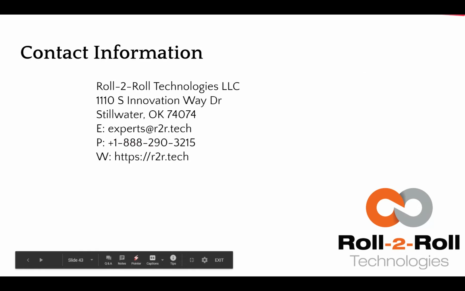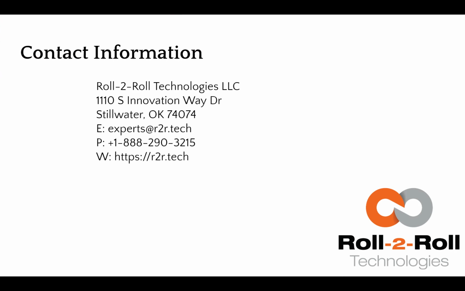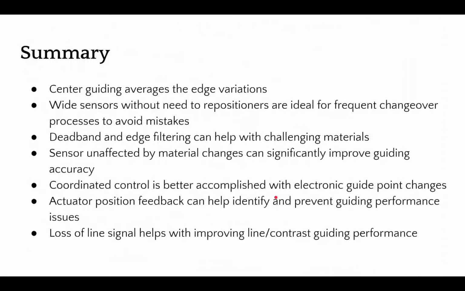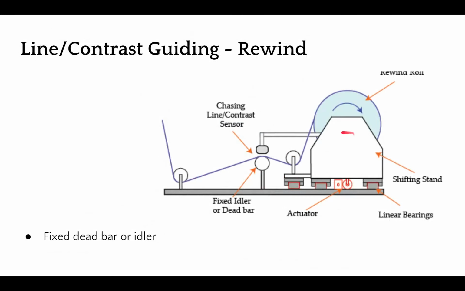Okay, there's a question here that says, shouldn't the rewind sensor position be in the moving station? That is correct. I think that's how we had it here. So the sensor is actually moving with the rewind, and it's chasing the web.